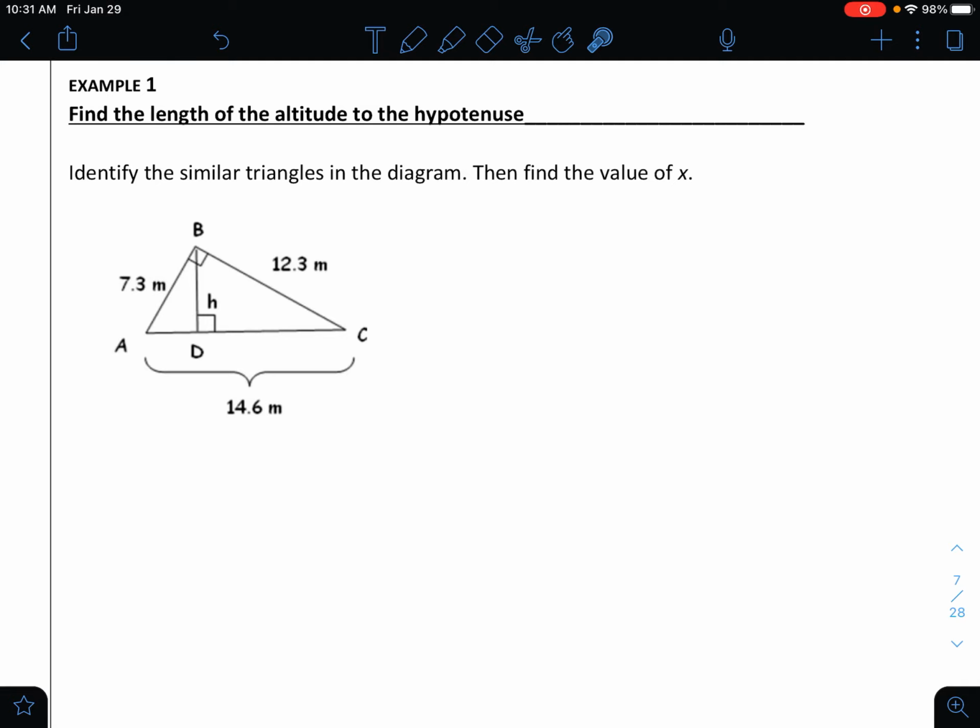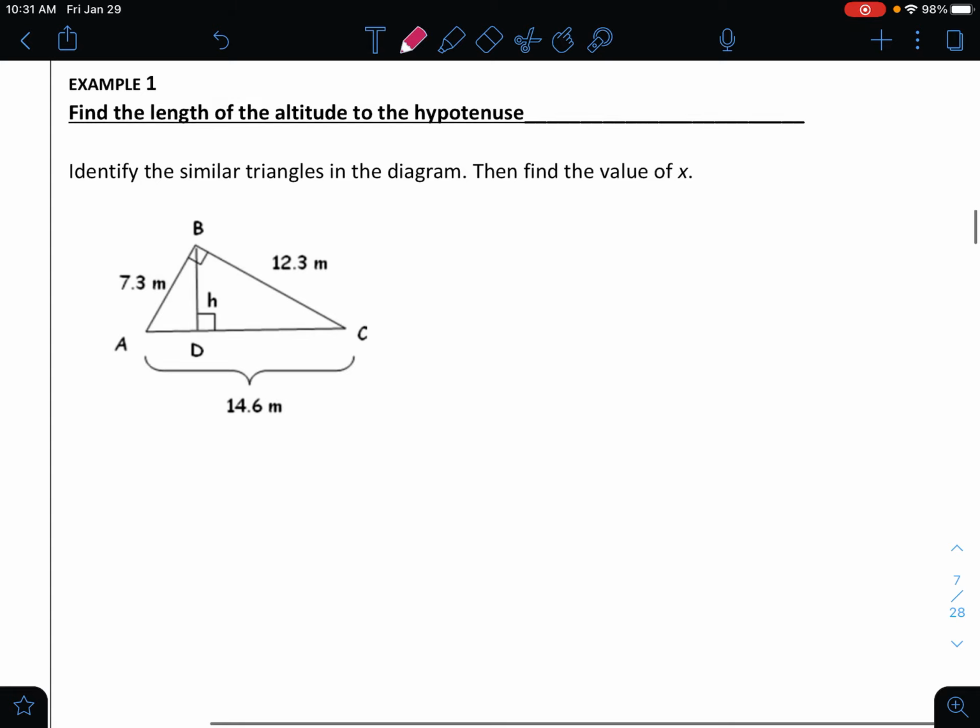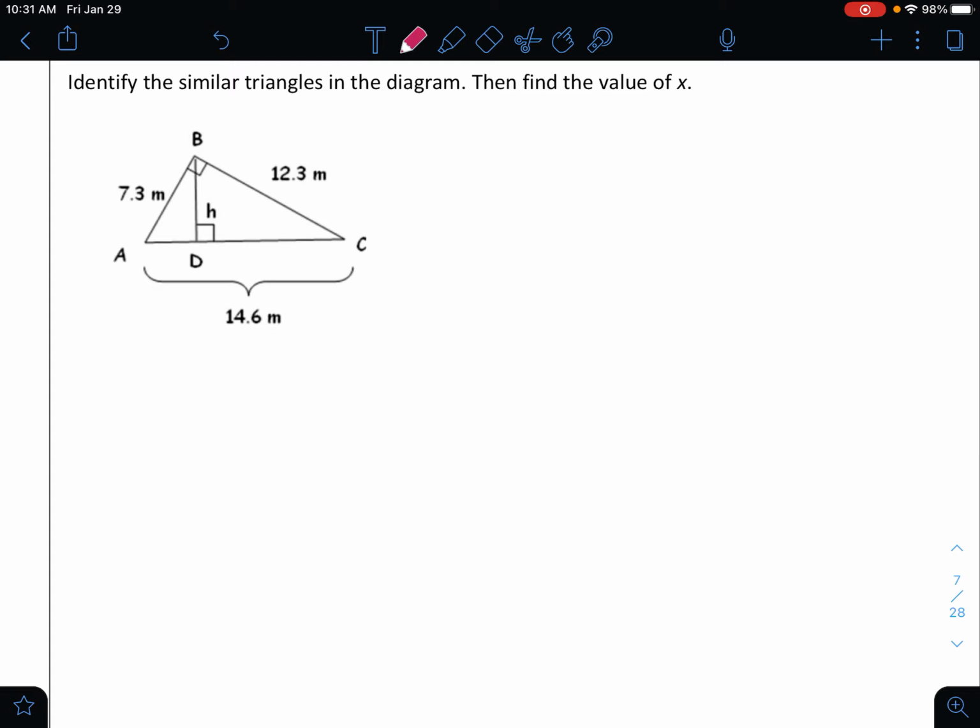Let's look at number one. We're finding the length of the altitude. Identify the similar triangles in the diagram, then find the value of x. Here's what I want us to begin with. Let's re-sketch all three triangles so they are rotated around and oriented the same way.